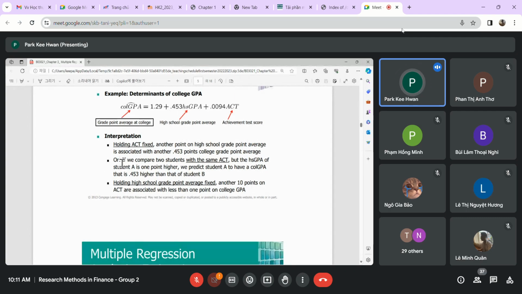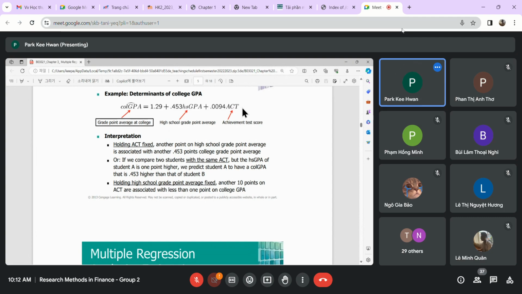Or equivalently, if we compare two students with the same SAT, but the high school GPA of student A is 1 point higher, then we predict that student A has a college GPA that is 0.453 higher than that of student B. So what it says, we have two students, A and B, and student A and B have the same SAT, meaning we are holding this SAT constant.